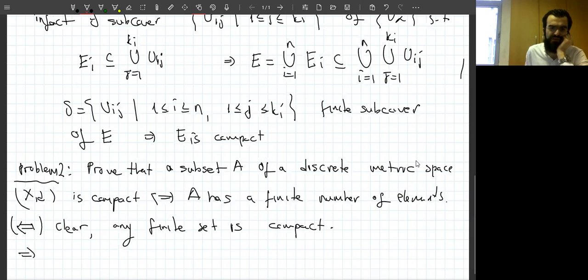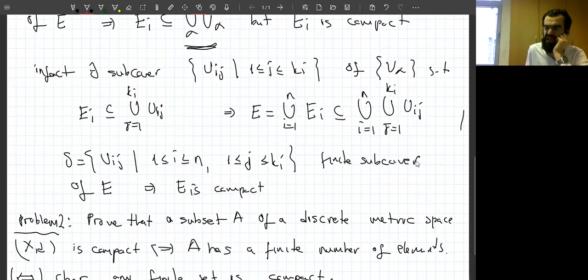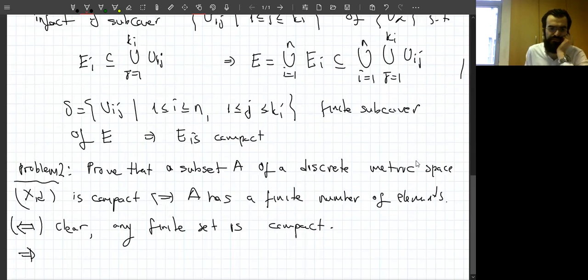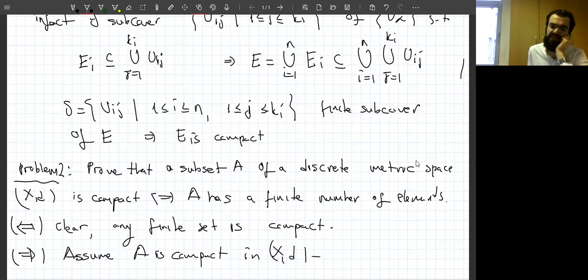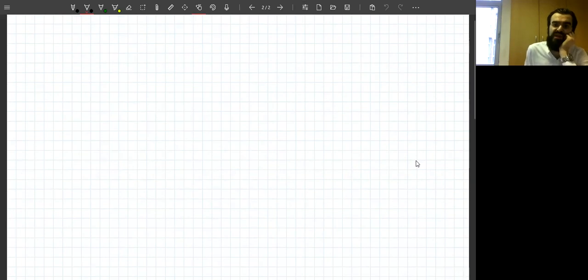What about the other implication? Assume A is compact in this discrete metric space.